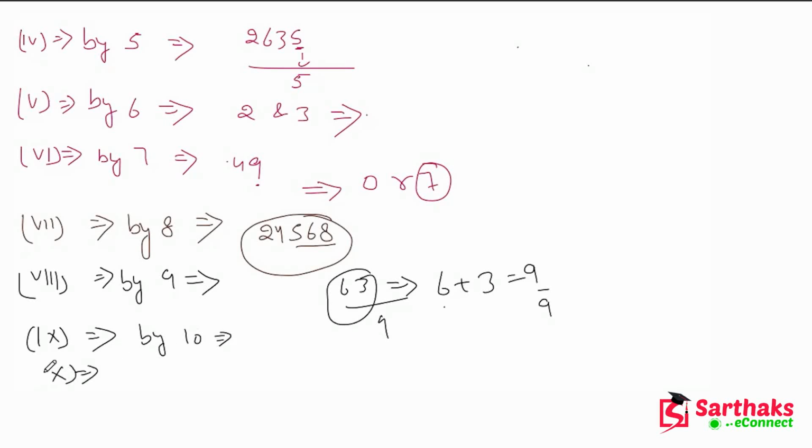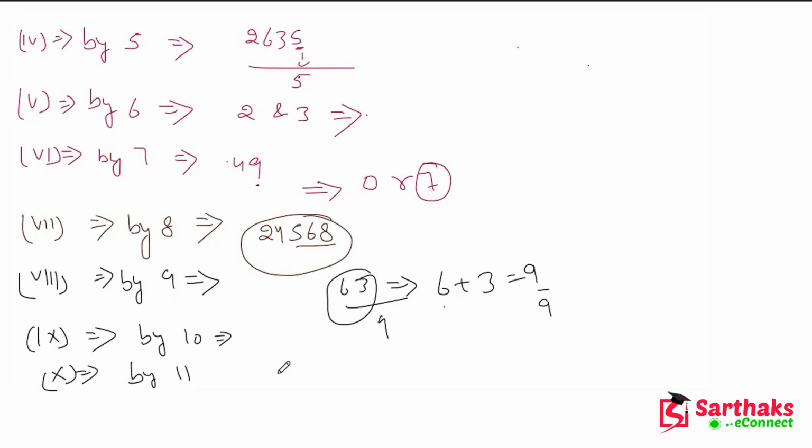The next concept is divisibility by 11. In this case, the difference between the sum of the digits at even and odd places must be 0 or a multiple of 11.